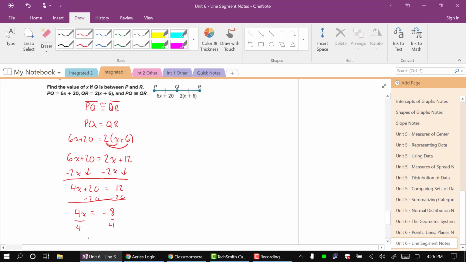Divide by 4. So I can get x by itself, and that's negative 2. So we found the value of x, which is negative 2. And that's the solution for this problem. So again, we're dealing with line segments. So take a look through the notes for today. Write a summary about line segments.